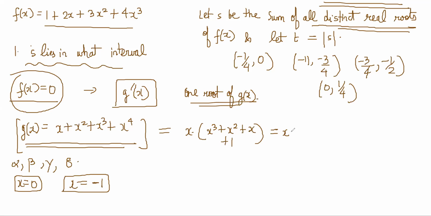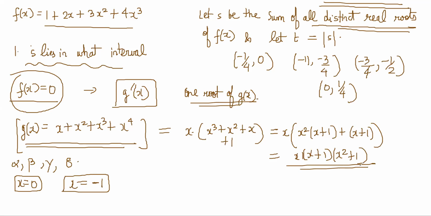And here you can take x plus 1 as a factor. So x square into x plus 1 plus x plus 1, right? Now it has become irreducible: x plus 1, x square plus 1, right? This is the g(x). So g(x) has actually got 4 roots: 0, -1, i, and -i, right?